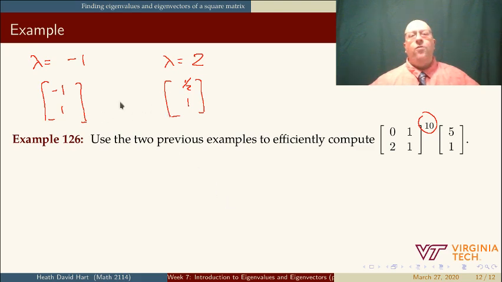What I would like to do is find a combination of the eigenvectors to equal 5, 1. So can I write 5, 1 as a combination of eigenvectors?